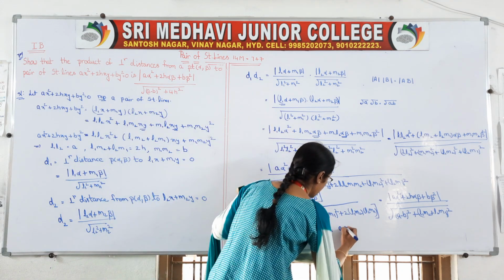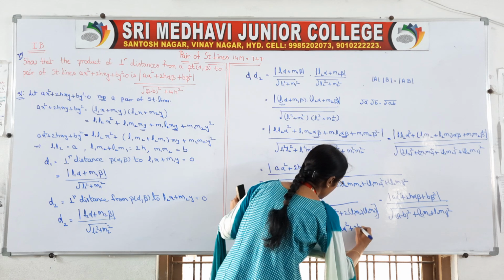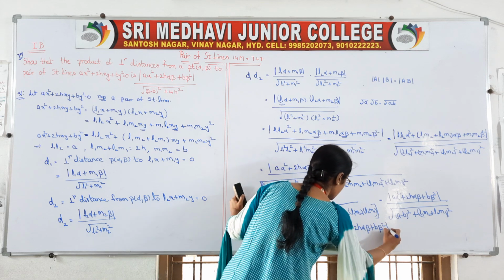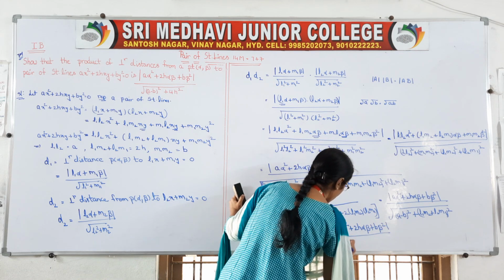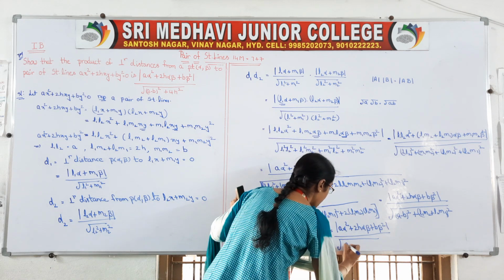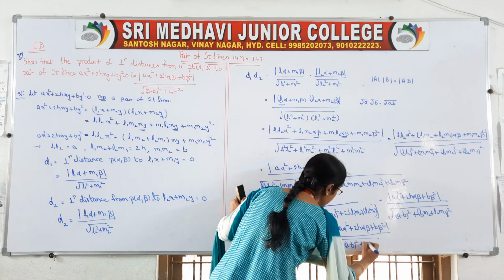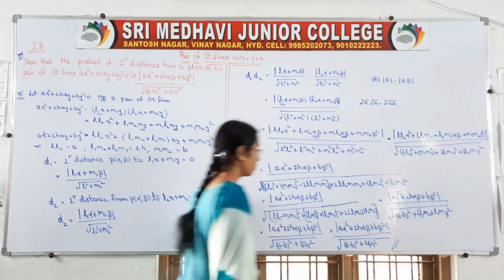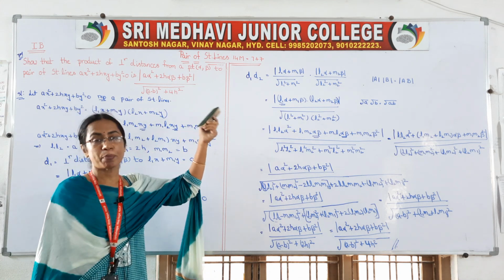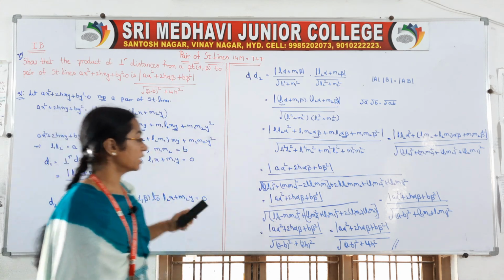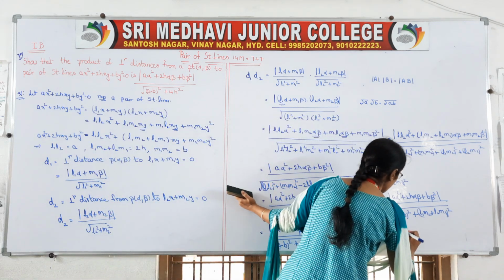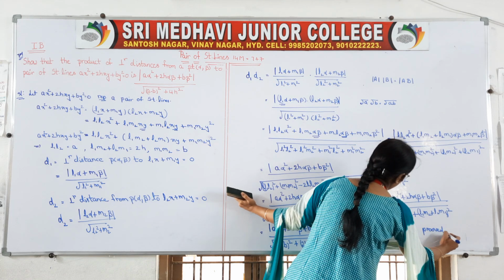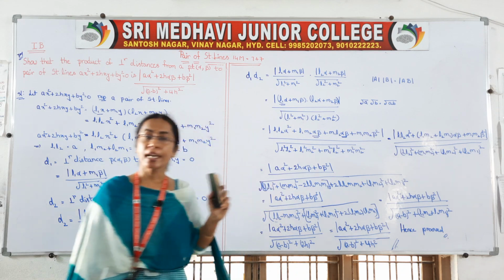So it is equal to modulus of A alpha square plus 2H alpha beta plus B beta square by root of A minus B whole square plus 4H square. So hence proved. We got the product of the perpendicular distances equal to this one. So in a show that problem, you have to write hence proved. Whenever it is show that, prove that, you have to write hence proved.